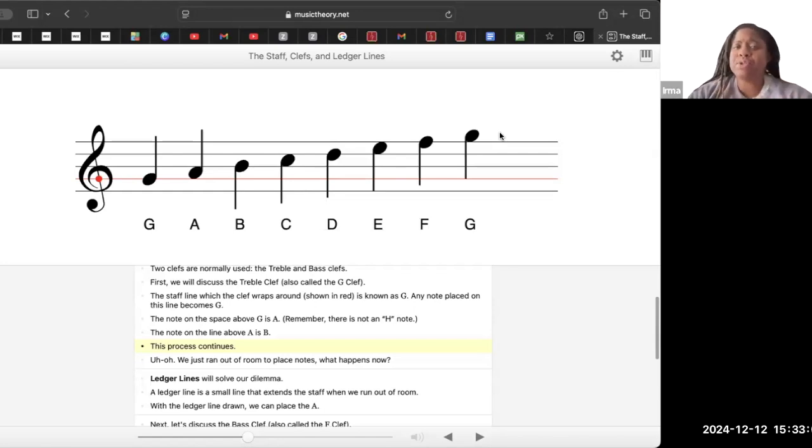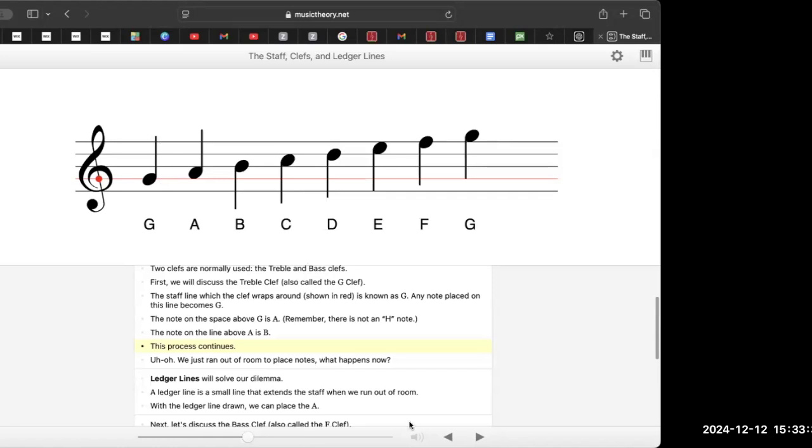So you may still see in some music where the note stems are still up, but in most cases, when we're just doing simple things like this, the stem will be down. So as we are doing practices like this, working on music theory, you will not point the stem up once you hit line B. Once you hit line B, the stem must stay down and the head of the note will be at the top. So the little round part of the note, that's what we call the head of the note. And then the line that you're talking about is the stem. Got it. Okay, great question.